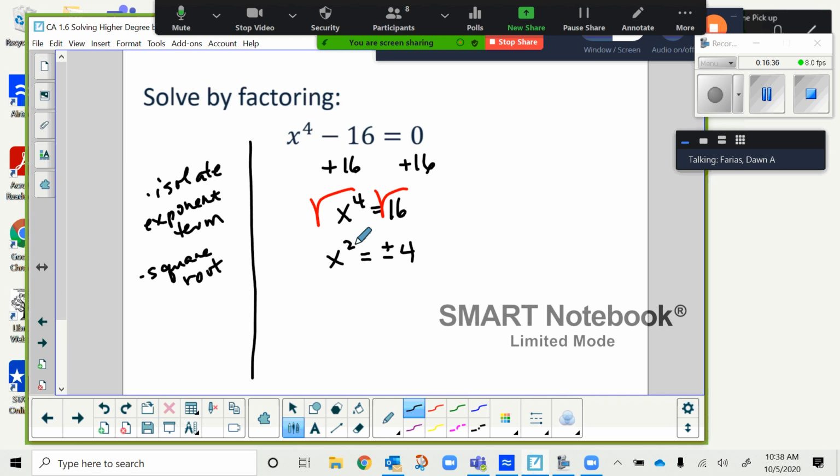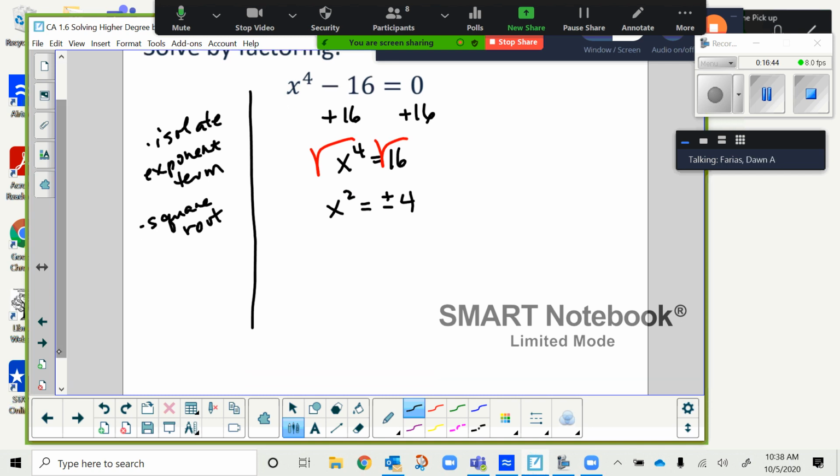You will keep going until you get to a spot where x is no longer squared. And so what you want to do at this step is make your plus or minus version. You have x squared equals 4, and x squared could also equal negative 4.